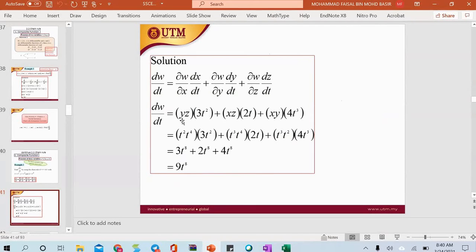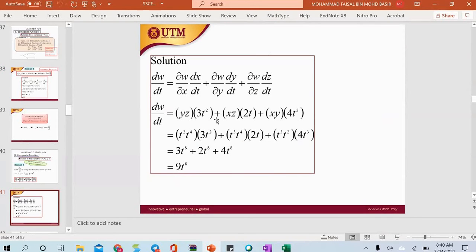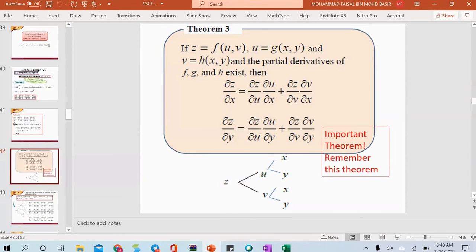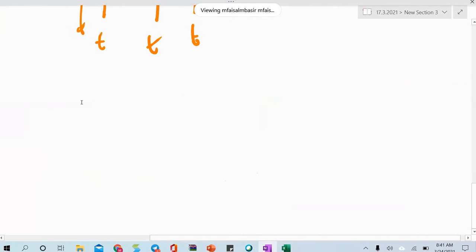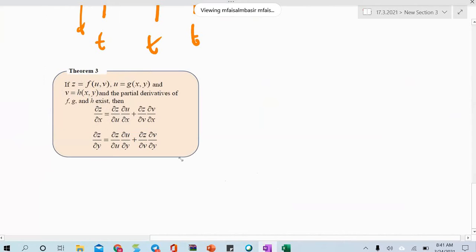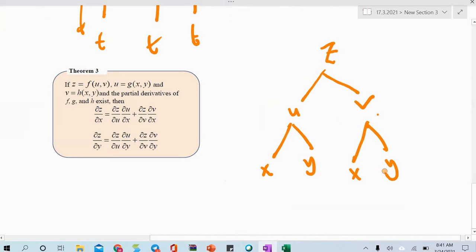So I like the video to understand this thing, you can do this. Okay, this is another thing, a different theorem. Your Z is a function of U and V. Your U is a function of X and Y. And your V is a function of X and Y. Actually it can be anything according to the question.